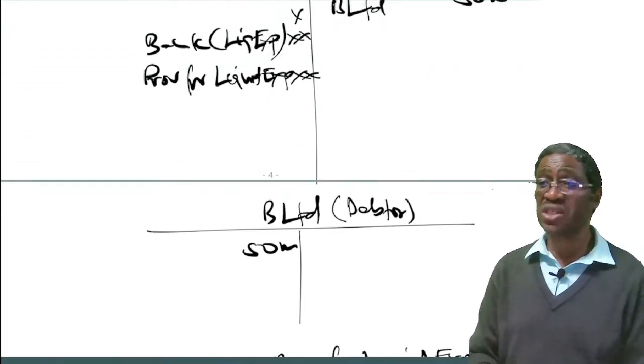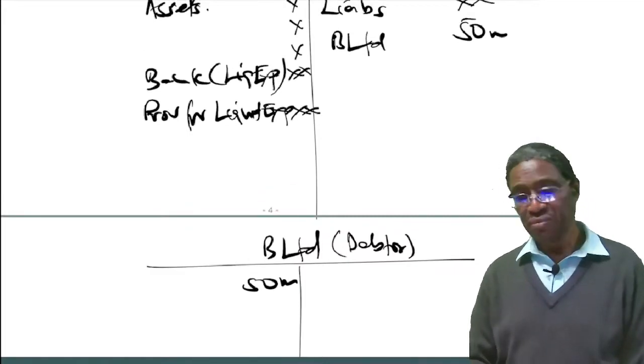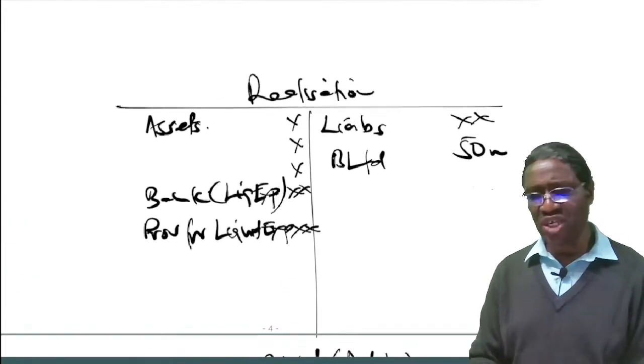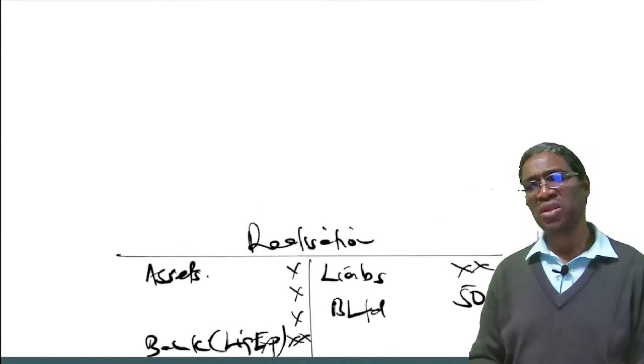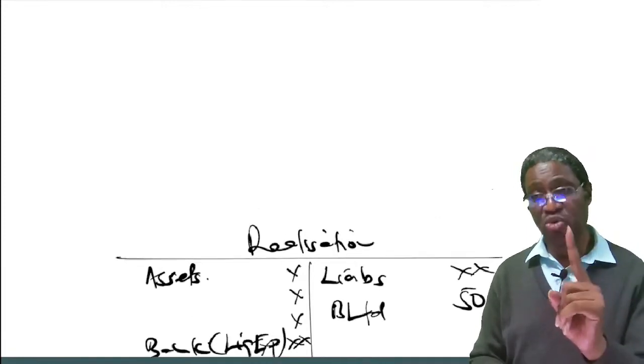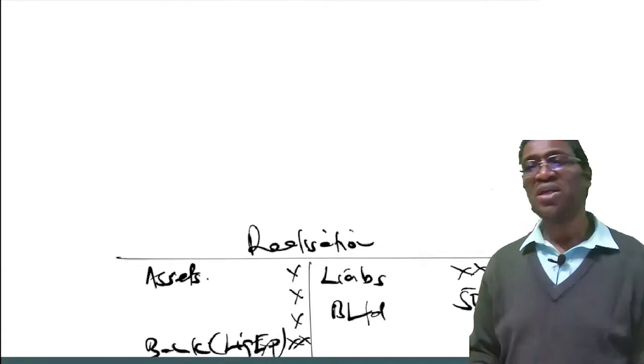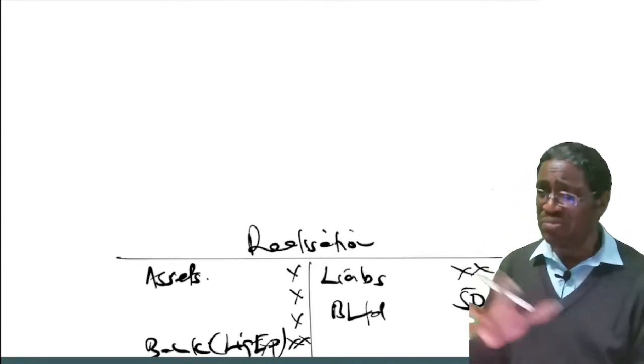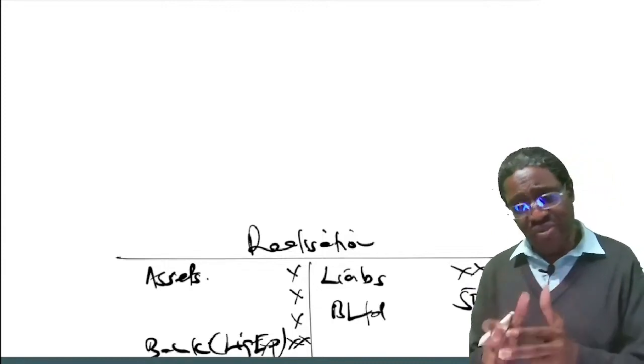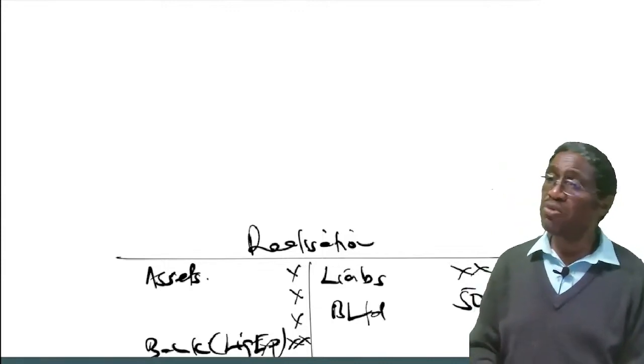That is our step number 4, which says with the liquidation expenses, if paid, you will debit realization, credit bank. If incurred but not paid, you still debit realization and you credit provision for liquidation expense.